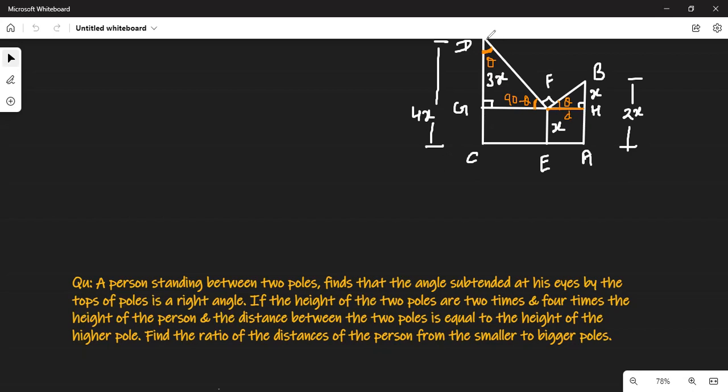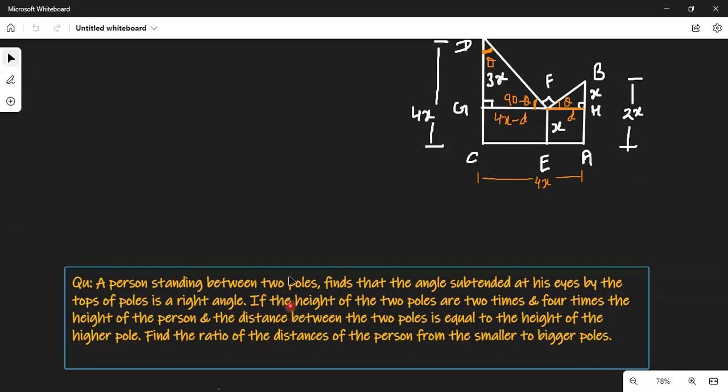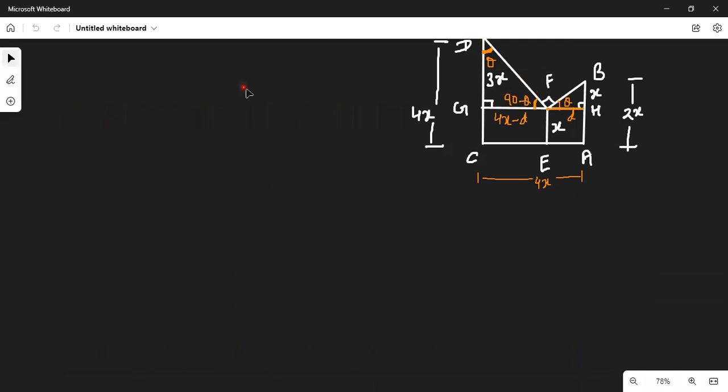If FH is small d, then GF is going to be 4x minus d, because the total distance from here to this point is 4x. Once you have labeled everything like this, the whole question is in this diagram. So we are ready to go and can start our work.